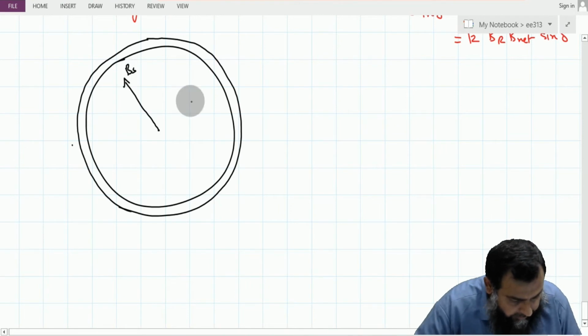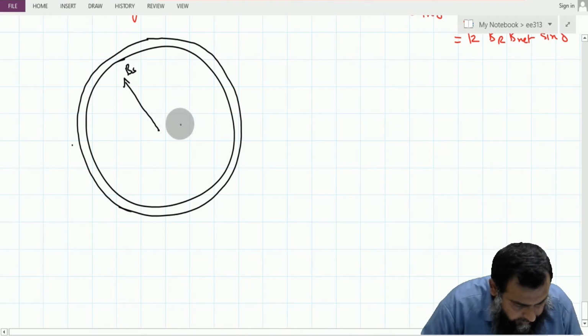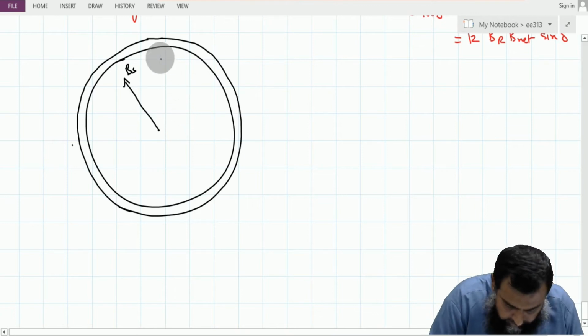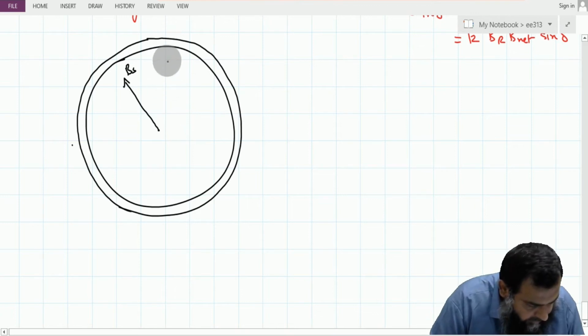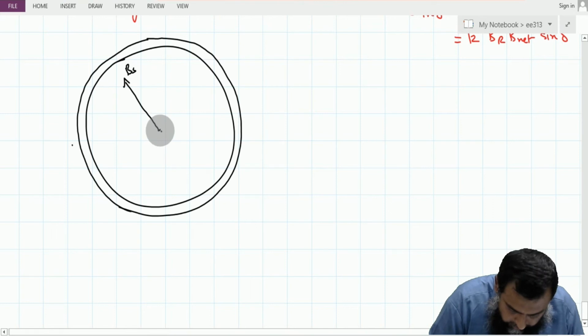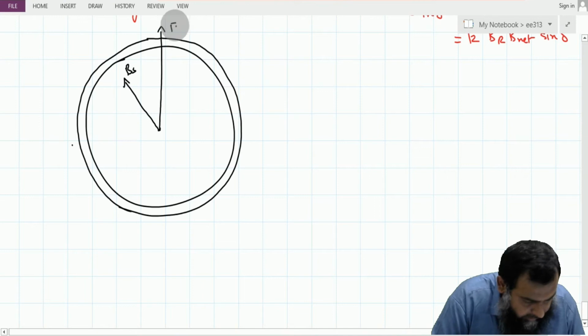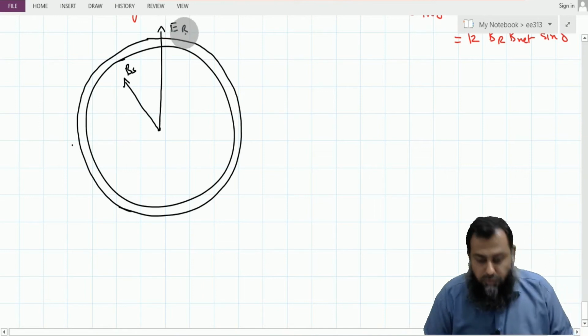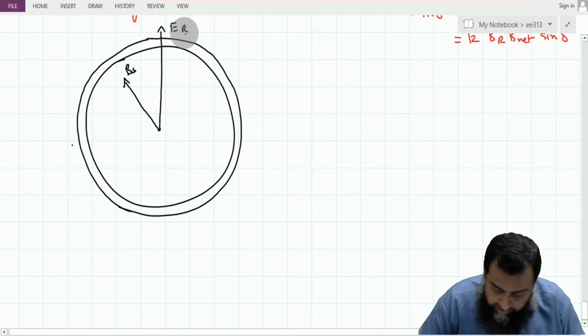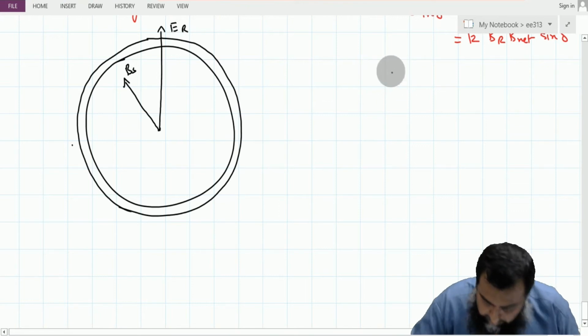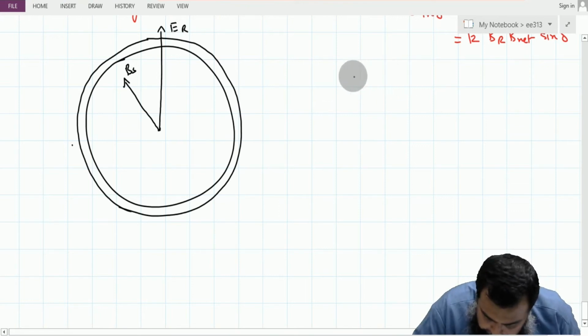And here we have the ER, which is the rotor induced voltage. Now let me again draw the equivalent circuit here.